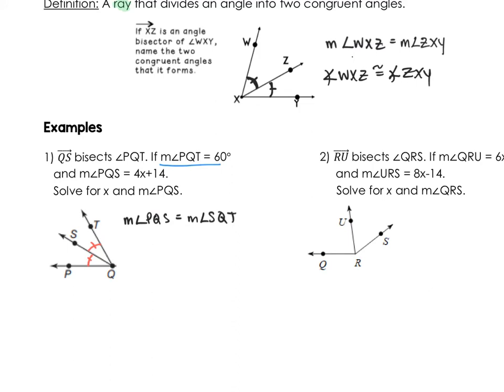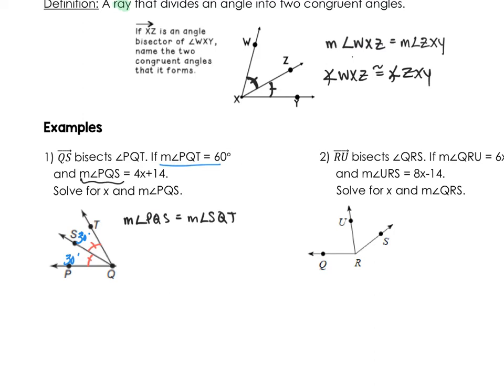If my whole angle is 60 degrees, what does that tell me about each of these smaller parts? Well, if the whole thing is 60, then these both have to be 30. They have to be. The whole thing is equal to 60. If I'm cutting it in two pieces, 60 divided by 2 is 30. So now let's substitute some information into our equation.